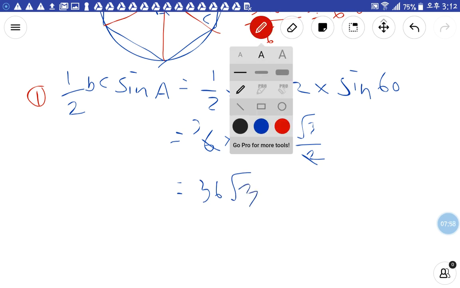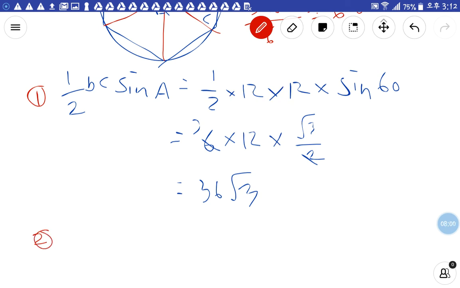Now, how many triangles do we have? 6 of them. So 6 times 36 radical 3 gives you your answer. 36 times 6 would be 216 radical 3.